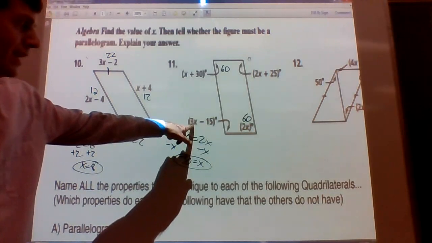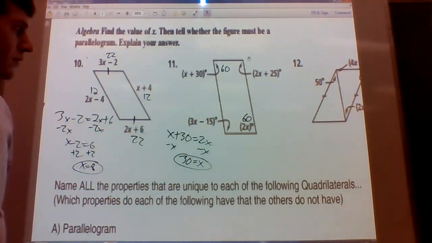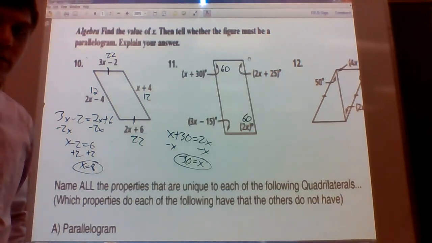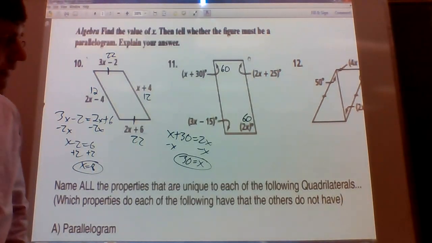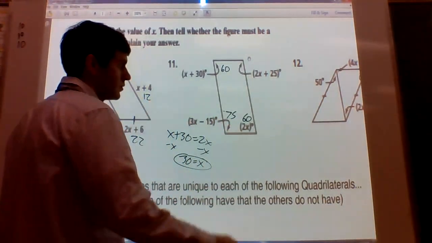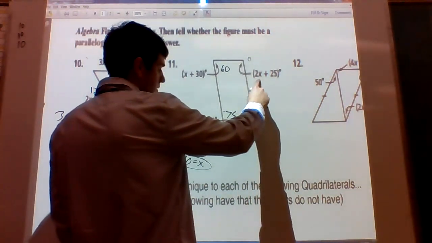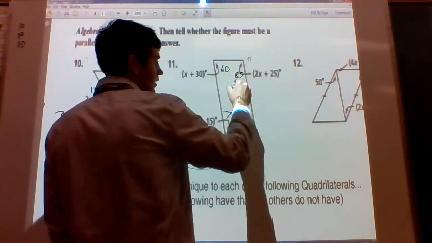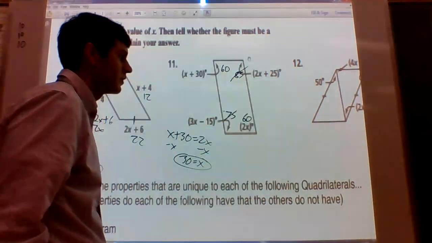So let's see if it works. 3 times 30 is 90. 90 minus 15 is 75. So right away we have issues. 2 times 30 is 60. 60 plus 25 is going to be 85. So these aren't even equal.